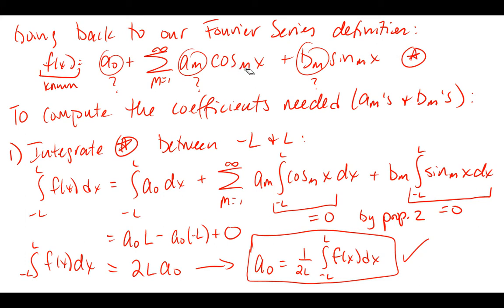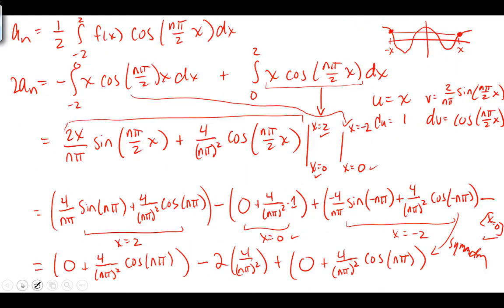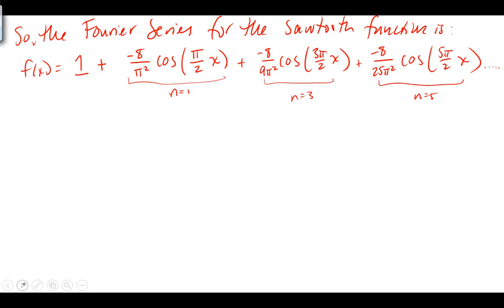Cosine nx is really cosine of n pi over L x. So if n is 3, 3 pi over 2, since 2 is L. If n is 5, 5 pi over 2. That's why those numbers change a little bit each time.